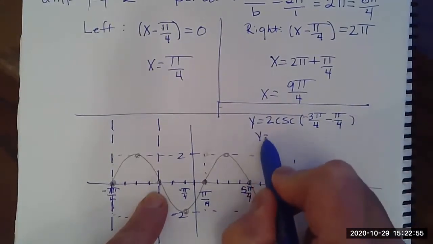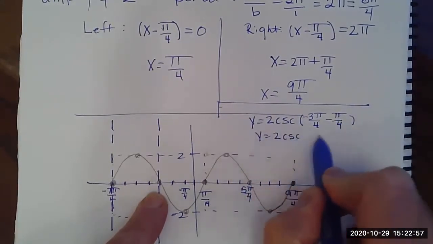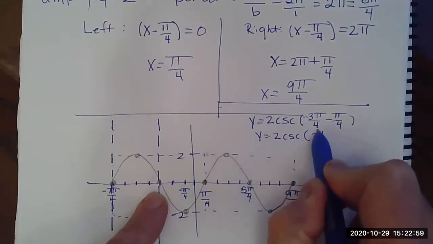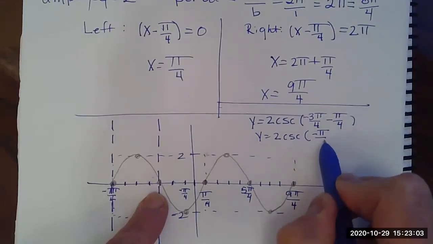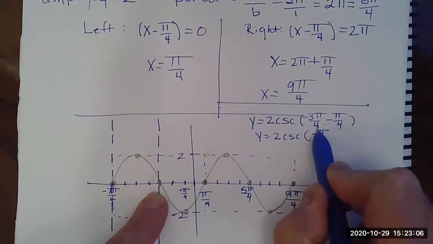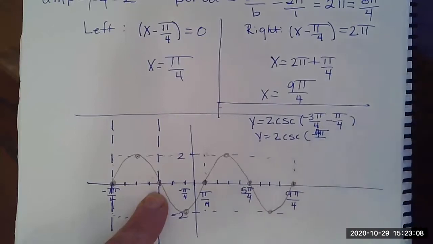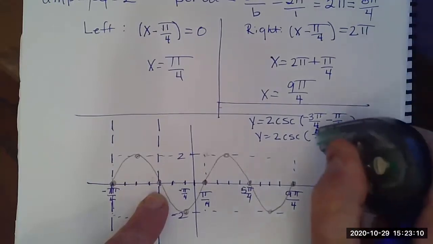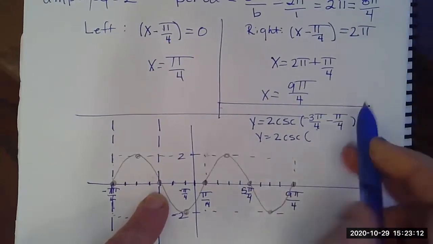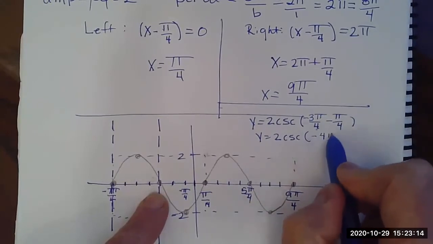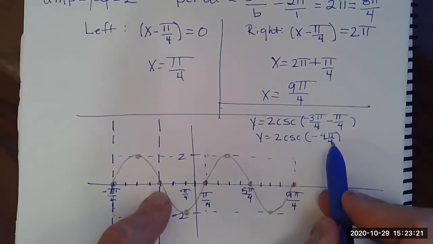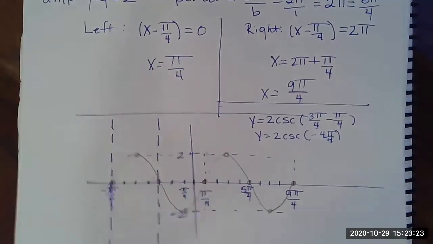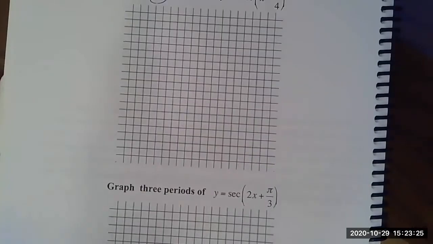That's y equals 2 cosecant of negative 4 pi over 4, negative 3 minus 1. Oh, that's negative pi. So on the wheel, where's negative pi?